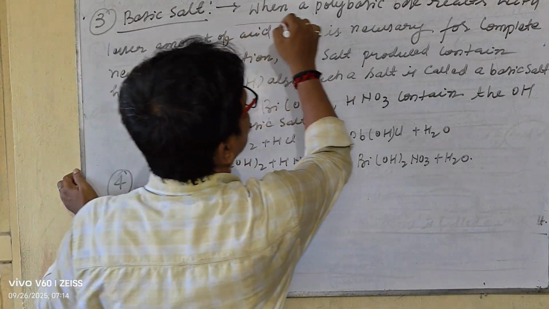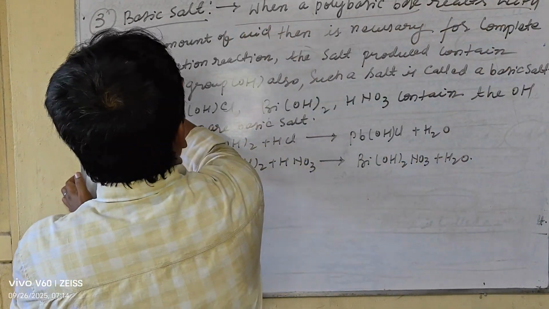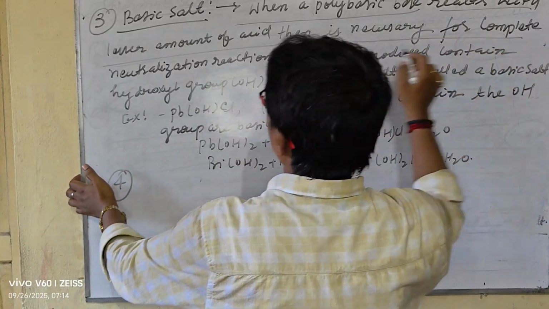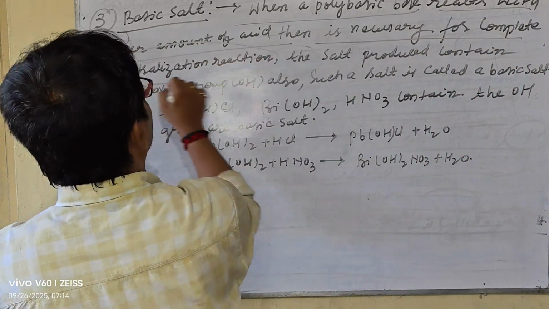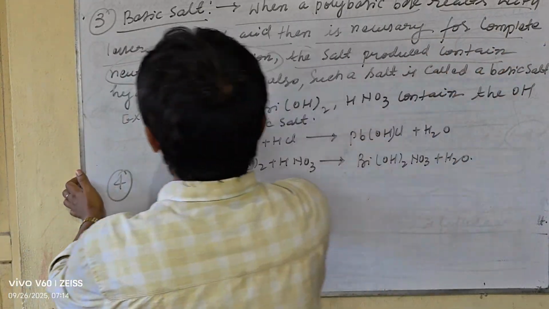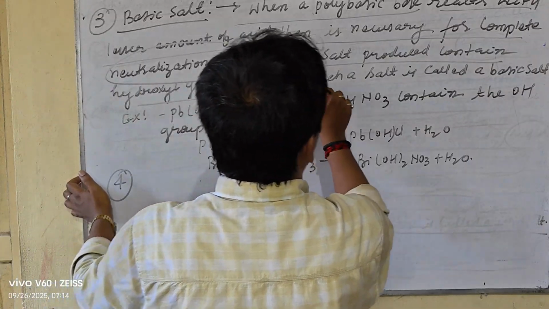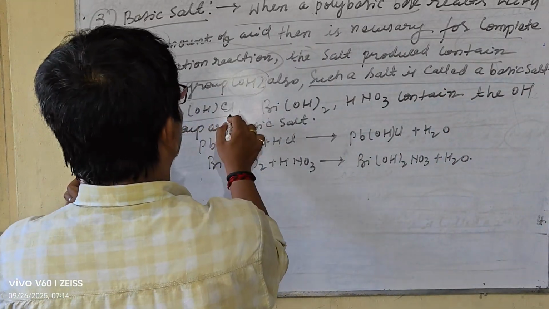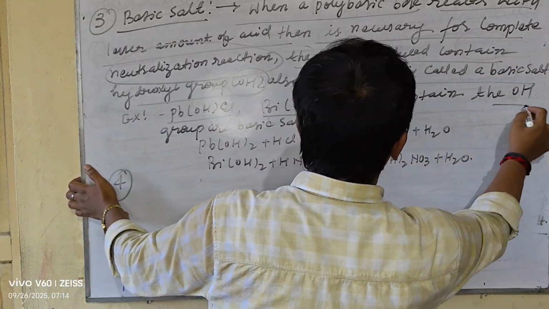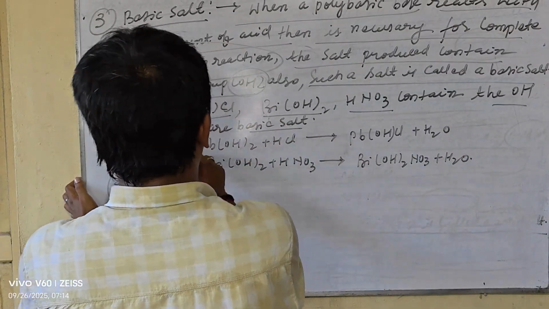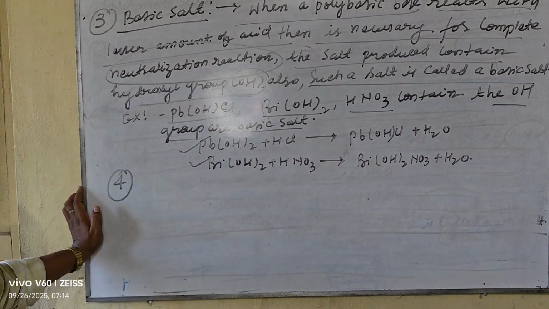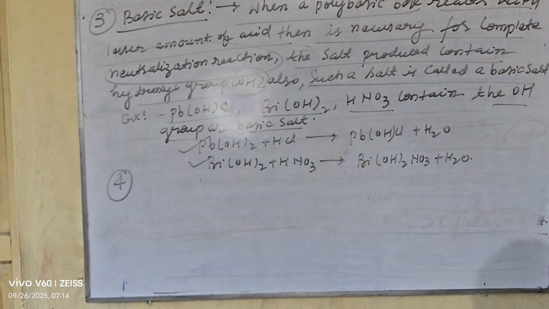So when a polybasic base reacts with a lesser amount of acid than is necessary for complete neutralization, the salt produced contains the hydroxyl group OH also. Such a salt is called a basic salt, like PbOHCl and Bi(OH)2NO3.